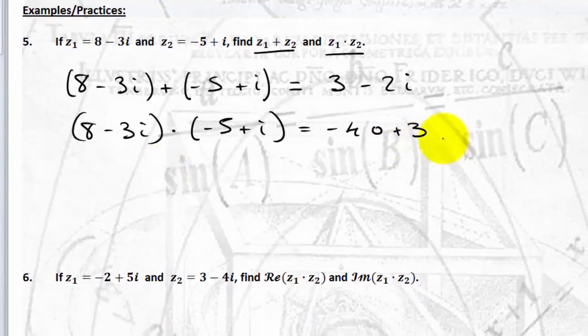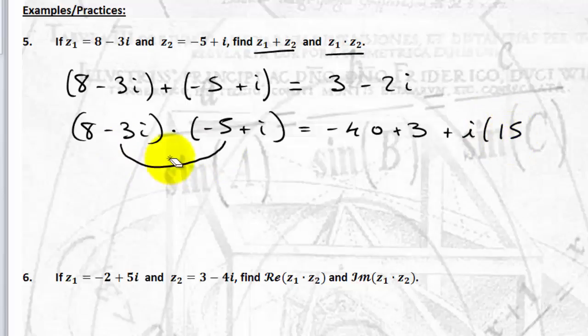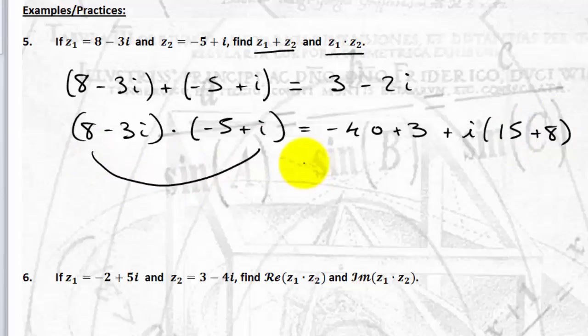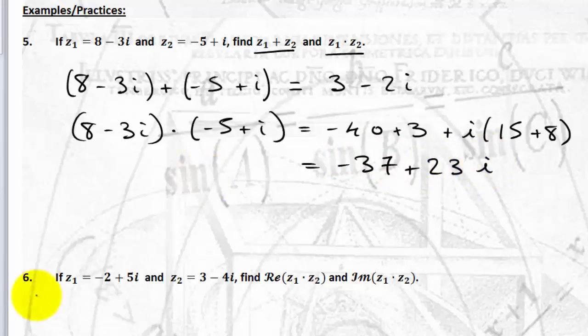Got it? And then plus i times what? How many i's? Well, you got negative 3 times negative 5, 15. Okay, got it. And then plus 8. That's it. Very, very straightforward. Negative 37 plus 23i. Okay, all right. I'll let you do number 6.